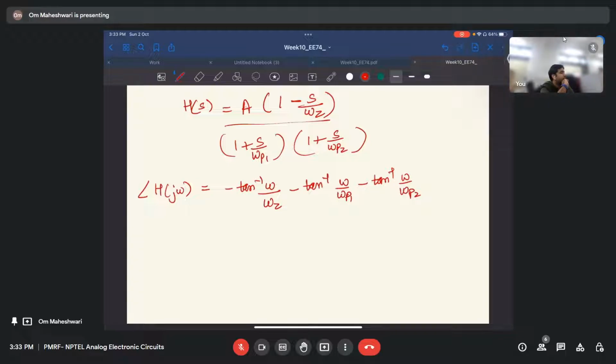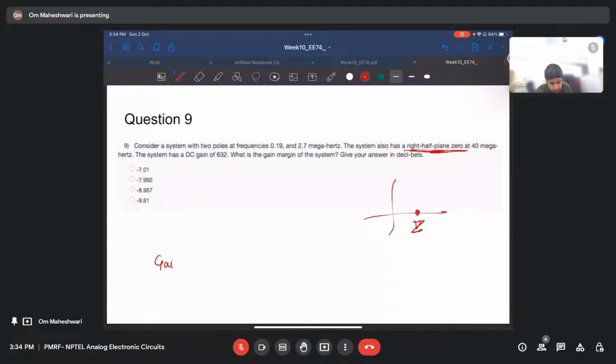So what is gain margin? Gain margin is minus 20 log of the magnitude. But how do you find gain margin?